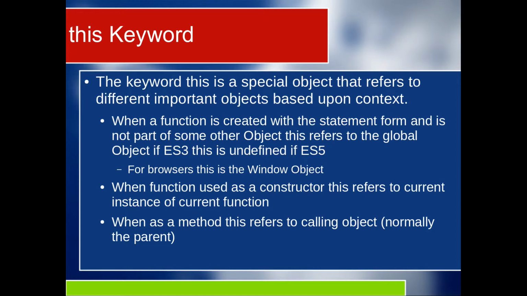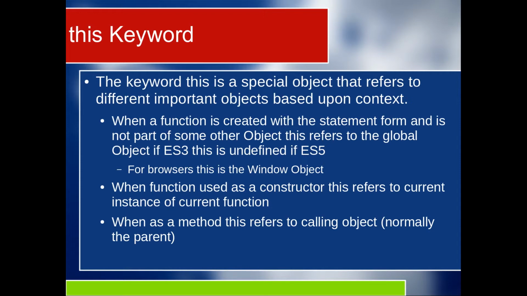If a function is created with a statement form, and it's not part of some other object, which usually if it's statement form, it isn't, and you are running ECMAScript under the ECMAScript 3 rules, then it's going to return a reference to the global object.